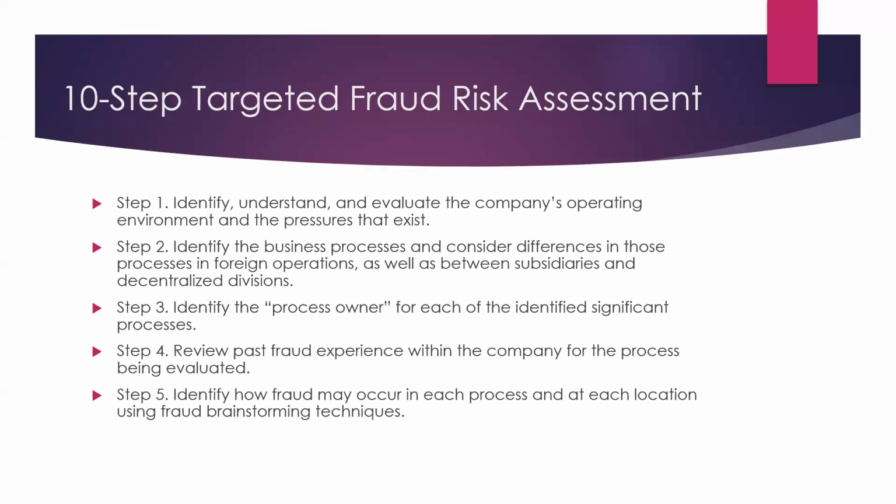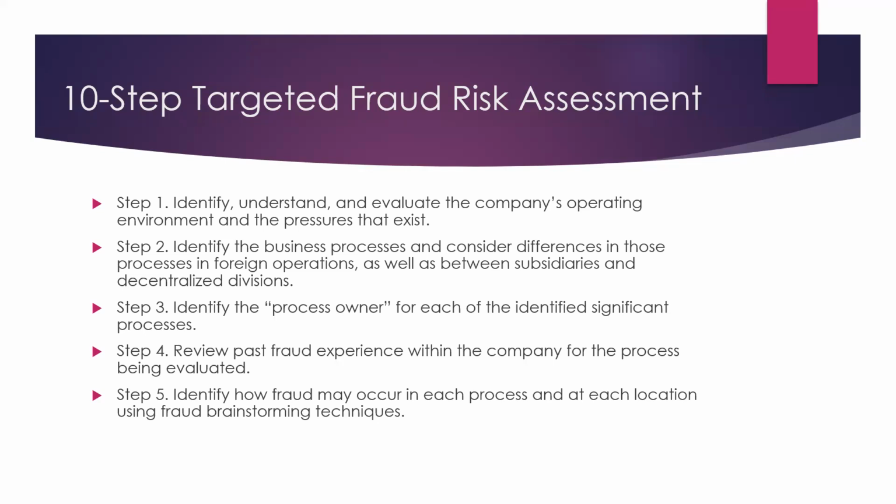Your textbook gives you a 10-step targeted fraud risk assessment. I'm going to go through the first 5 steps here, and then the next 5 steps on the next slide. Step 1 is to evaluate the economic, operating, and competitive environment, as well as the overall control environment.